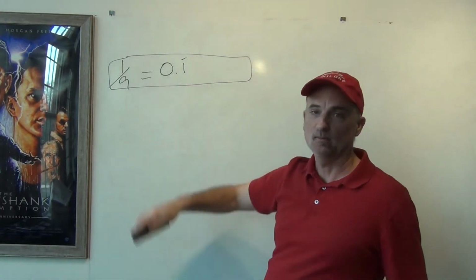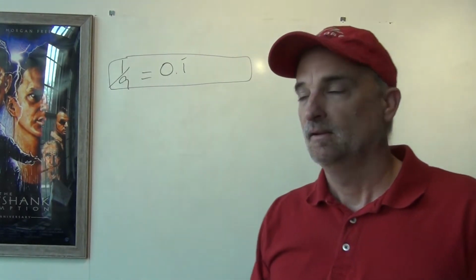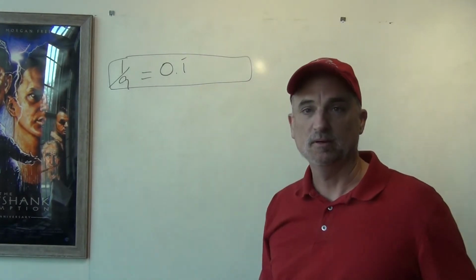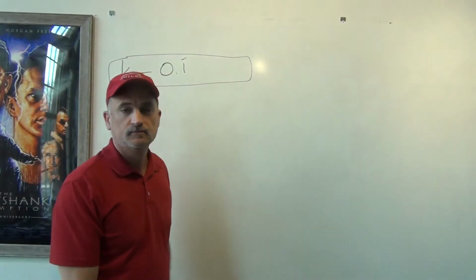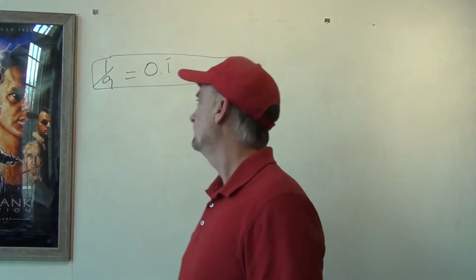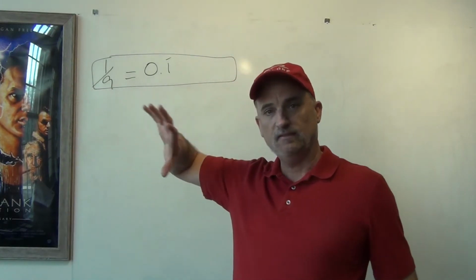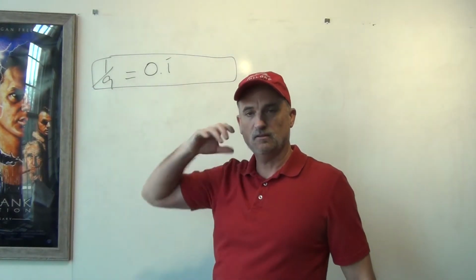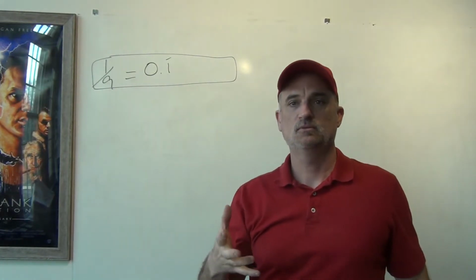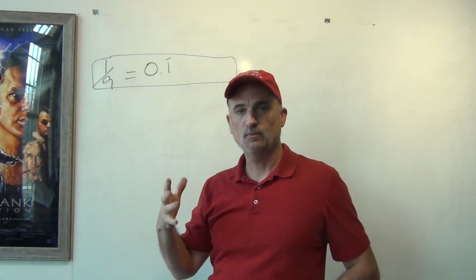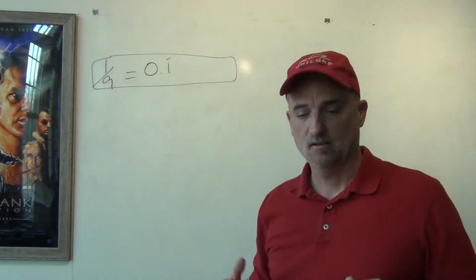Now let's look at 1/9, or 0.1 repeater, and then let's look at some other repeating decimals and see if we can use 1/9 to understand.